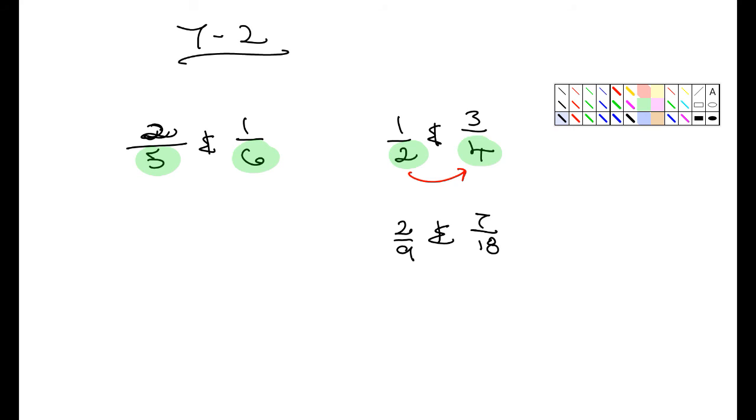Okay, again, we're looking at just the denominators because you got to find a number that they'll both go into. Well, 9 goes into itself and it goes into 18, just like 2 goes into itself and it goes into 4. So that's the very first thing you do, is you look to see if one is a multiple of the other. Let me do one more.